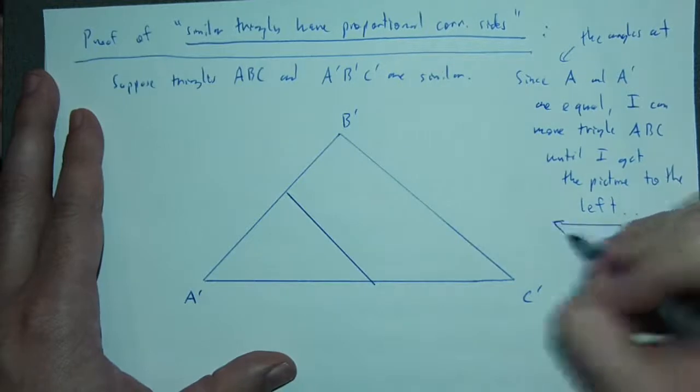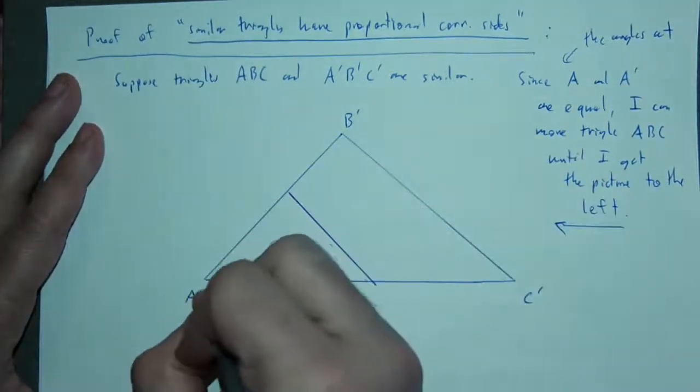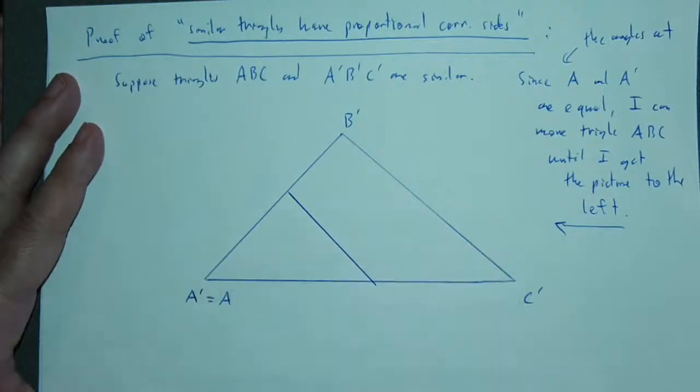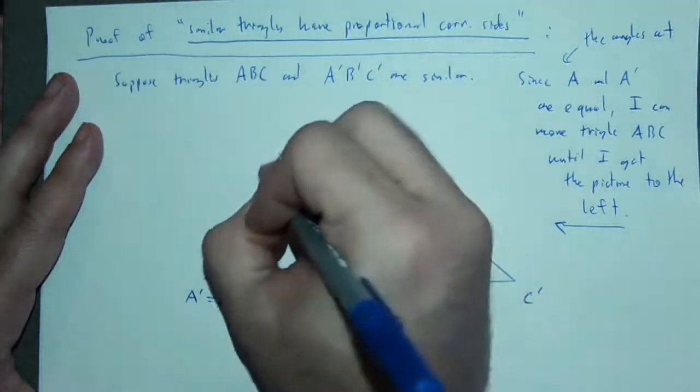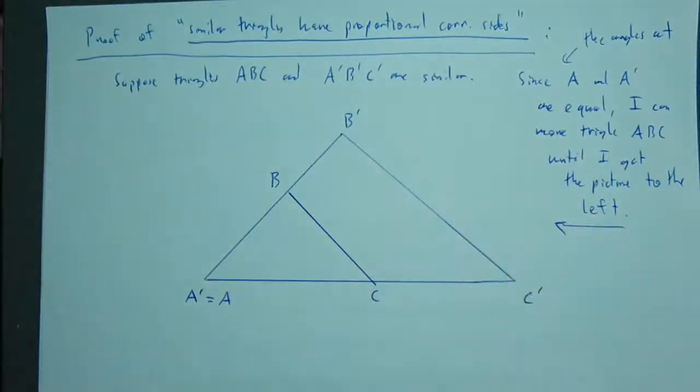So until I get this picture here. What picture is that? Well, I can line up the points A prime and A, and I can put that triangle ABC inside the triangle A prime, B prime, C prime like this. Now, how do I know that I can do that?